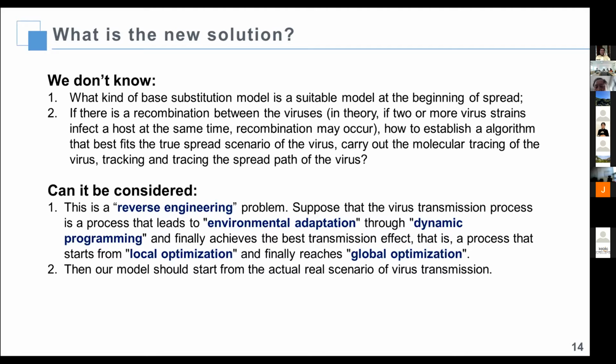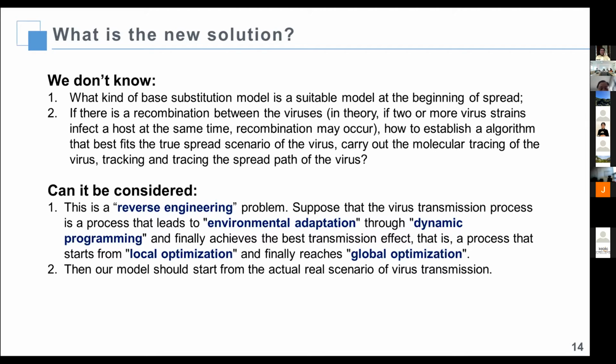How to establish an algorithm that best fits the true spread scenario of the virus, carry out the molecular tracing of the virus back, tracking and tracing the spread path of the virus.